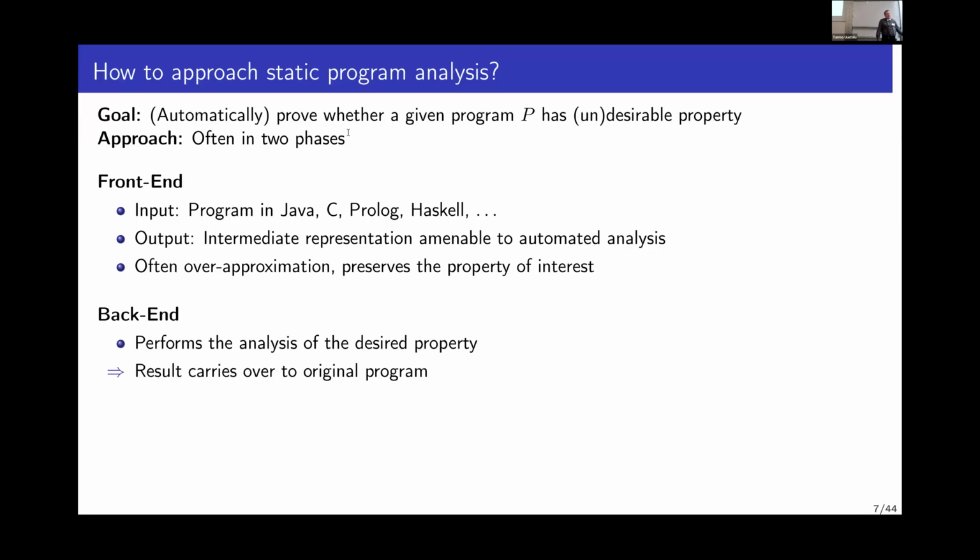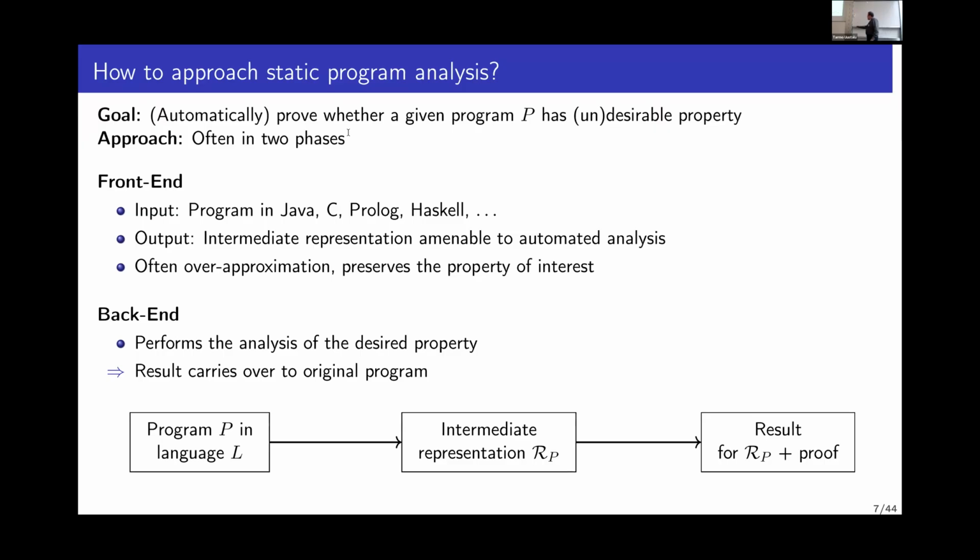The second part of the static program analysis approach is then the back end, which does the actual hard work of the analysis of the desired property. So this is where, for example, for termination, a ranking function will be found. Because the translation of the front end has preserved the property of interest, what the back end says carries over to the original program.